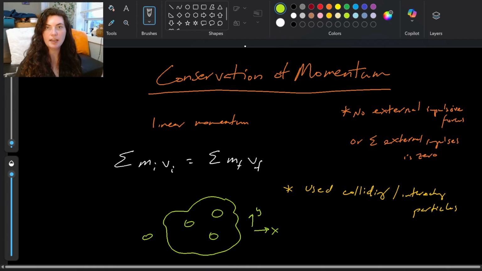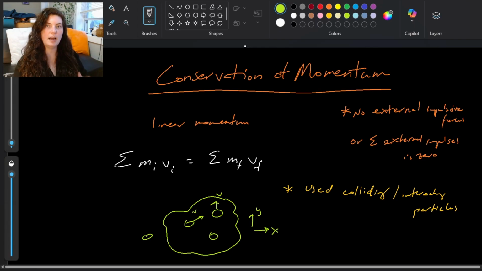And if it can, then we want to establish the sense and direction of those initial and final velocities. We might have this guy moving with a velocity this way, and then he bumps into this guy who starts moving another way.